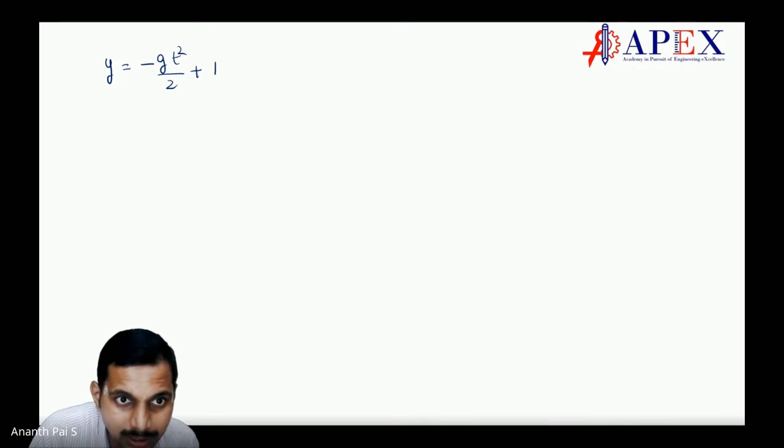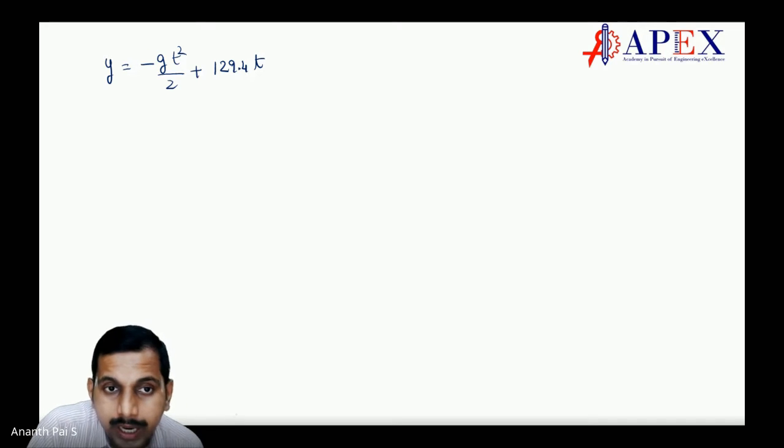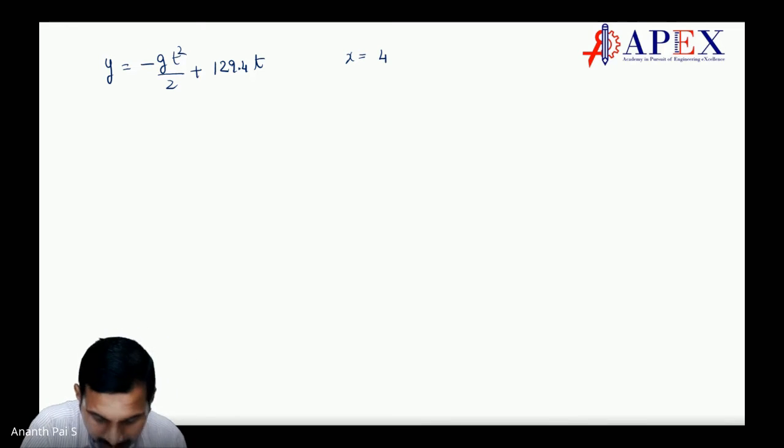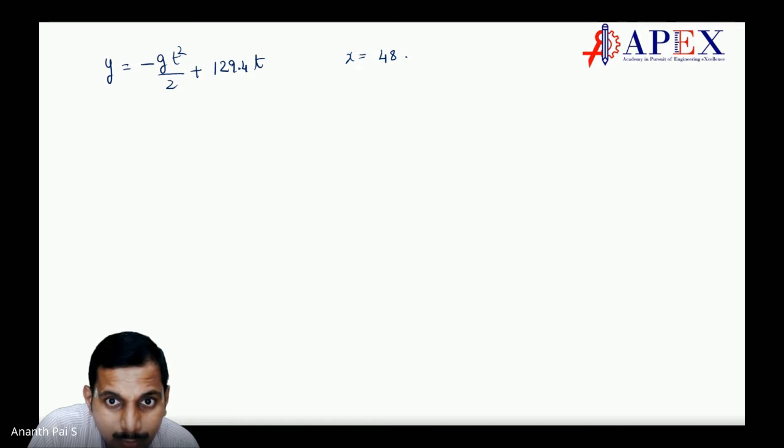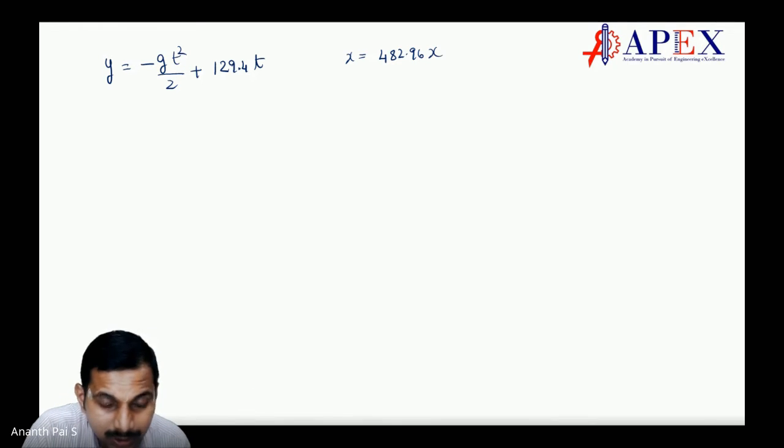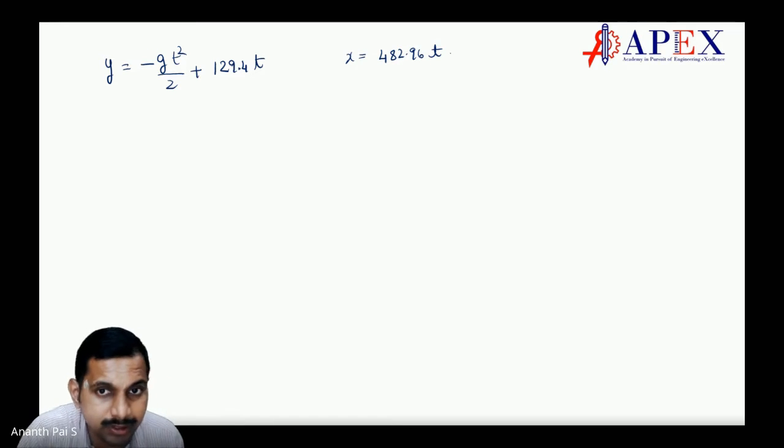So 129.4 into t, and x we will get as 482.96 t. This is the equation. This we have to solve.